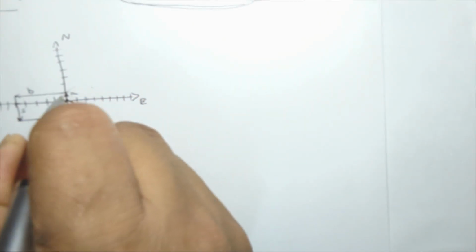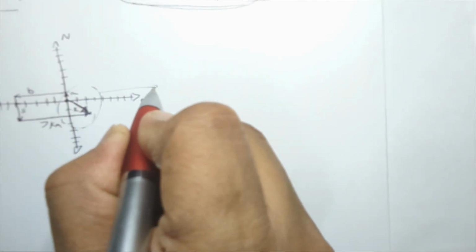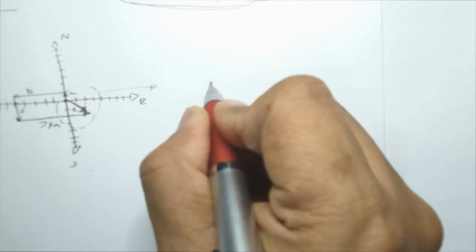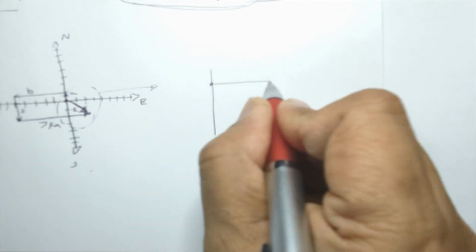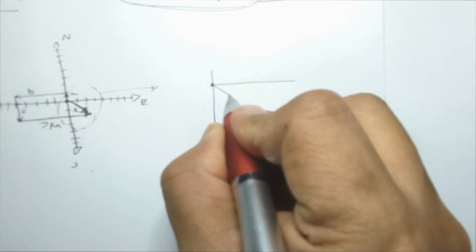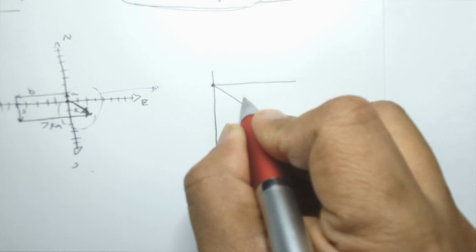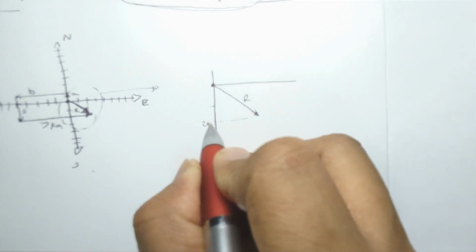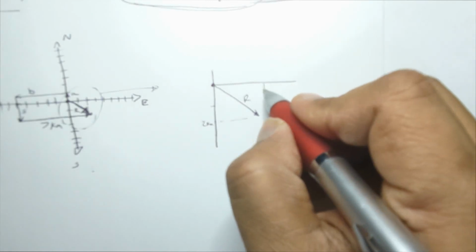I want to take what we have here and expand it to see how it looks. Here's your origin, and that's your resultant here, R. That's basically 2 kilometers here, and this was 2 kilometers here.